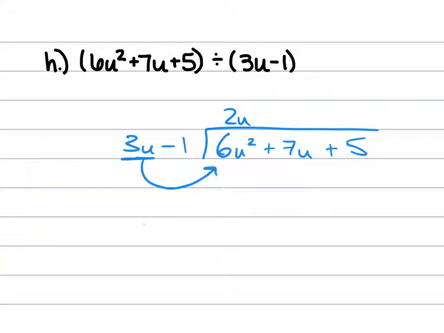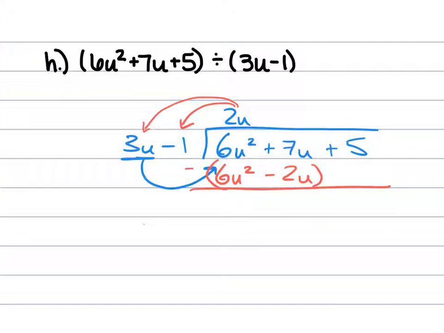Okay, so now we're going to take that 2u and we're going to distribute it here. 2u times 3u is 6u squared. 2u times negative 1 is? Negative 2u. And now with this new line, just like with normal division, I am going to subtract these two things. 6u squared minus 6u squared is? 0.